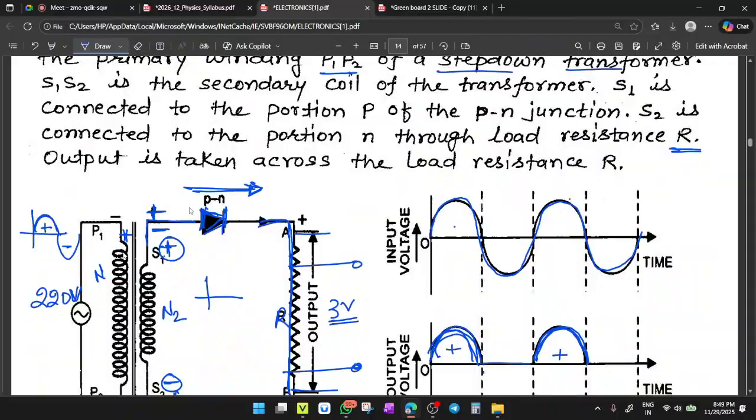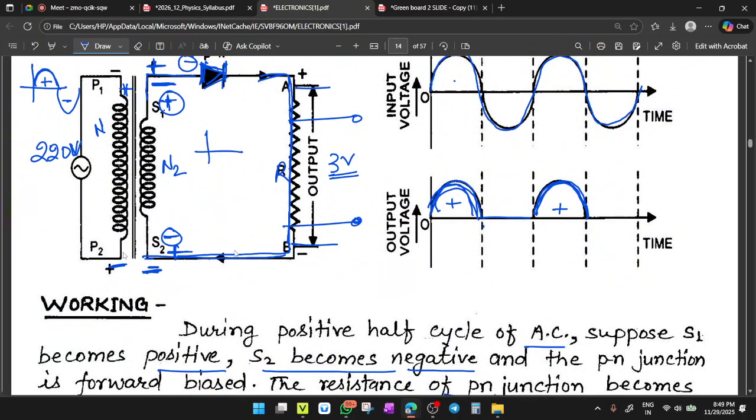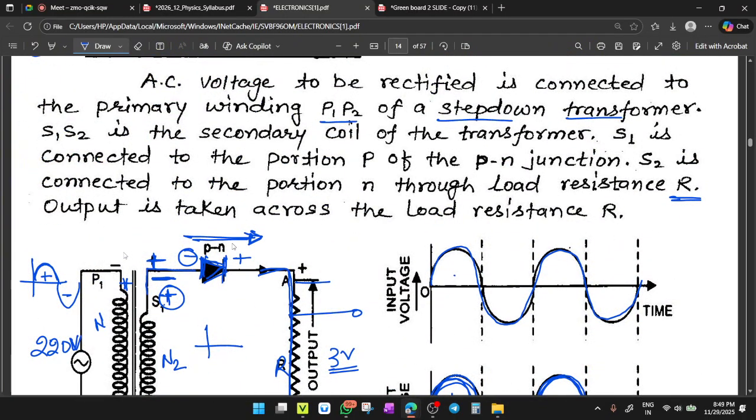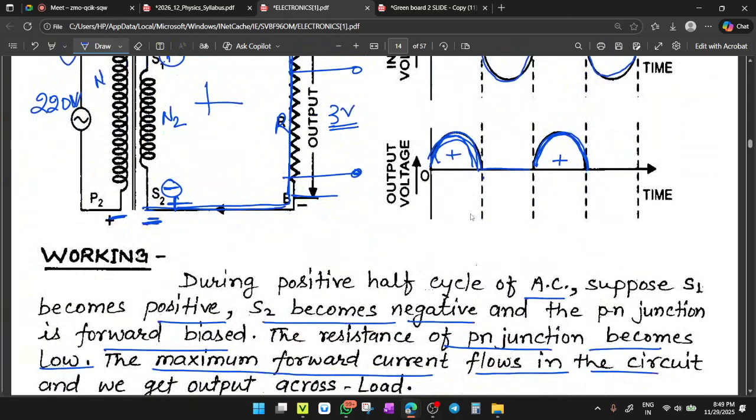So this diode came into reverse bias. Clear? During reverse bias there is no current, so there is a blank space for the next half cycle. No current means I equals 0.